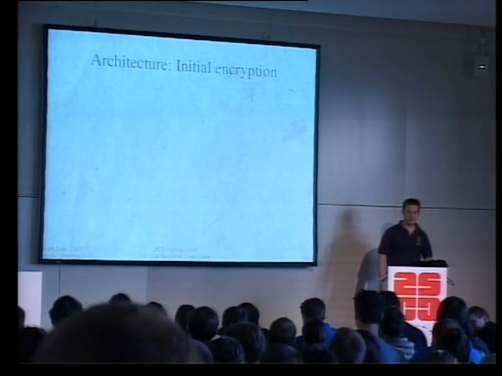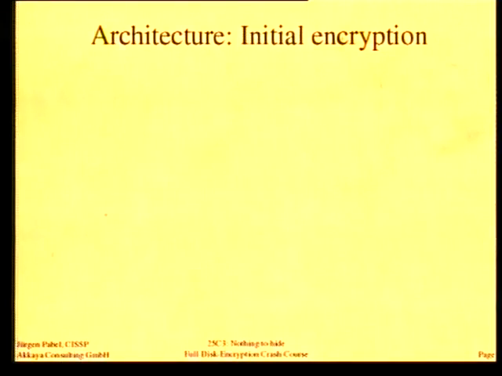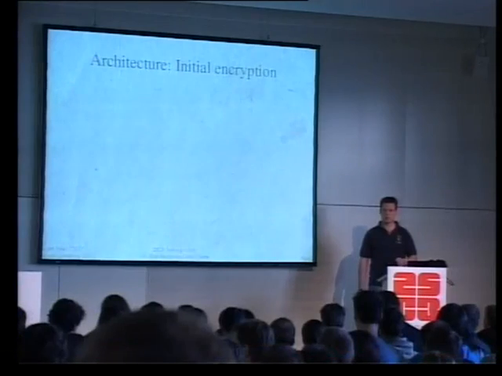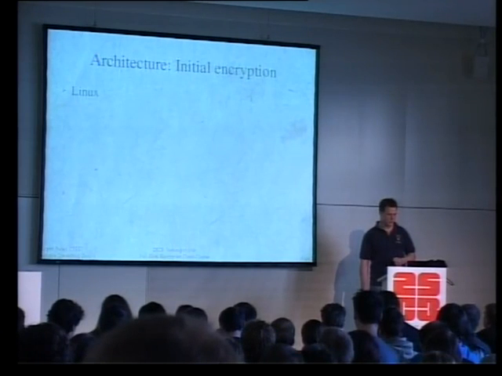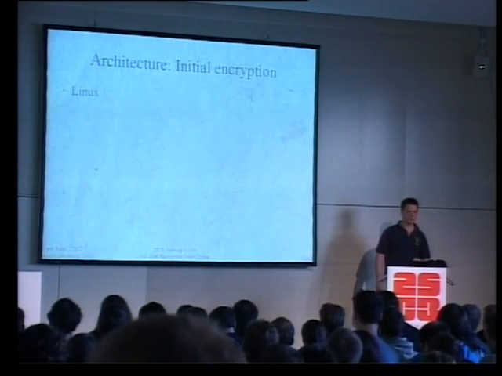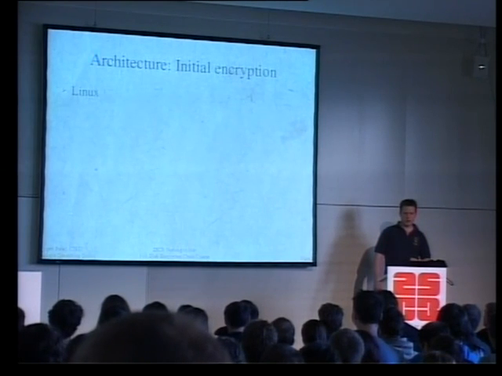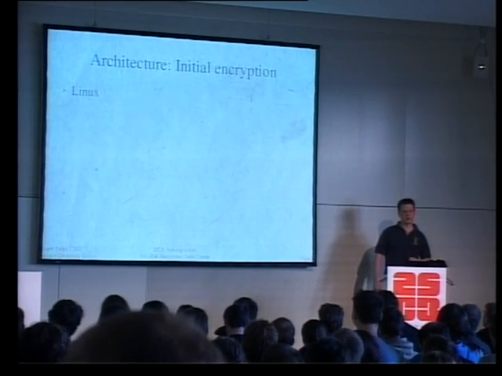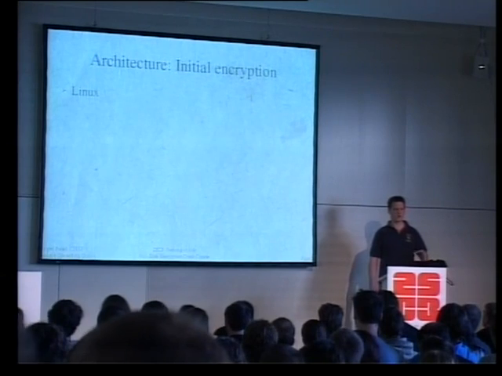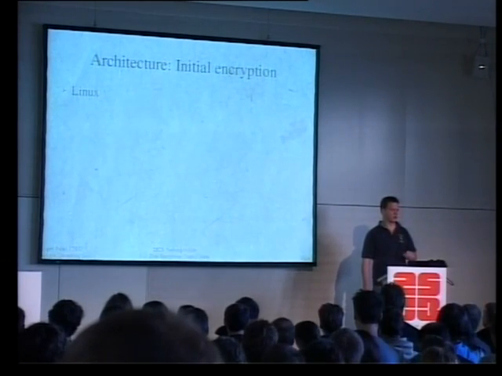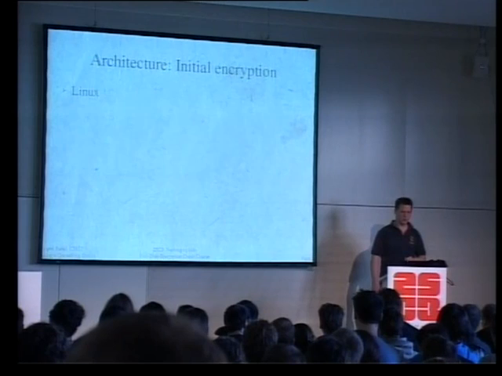When you're talking about disk encryption, you either consider this when you set up the system, so during installation it's encrypted, or you want to add it later on. So there's the aspect of initial encryption. How do you transfer your disk from being unencrypted to being encrypted? On Linux, you have, like I said, the device mapper, and one drawback to it is that you cannot yet convert an existing file system in place into an encrypted file system.